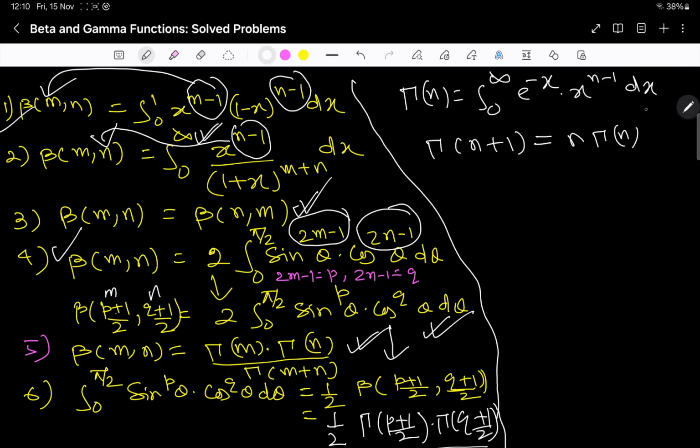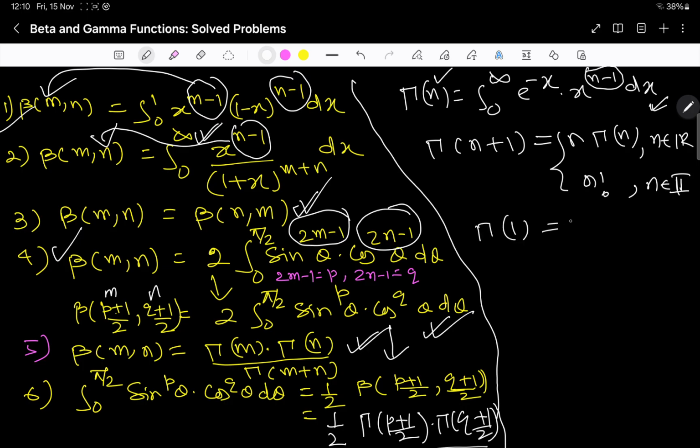Coming to the properties of the gamma function, whenever this is n minus 1, this is n. Then gamma(n plus 1) is n gamma(n), and whenever n is a positive integer, this is your factorial n.